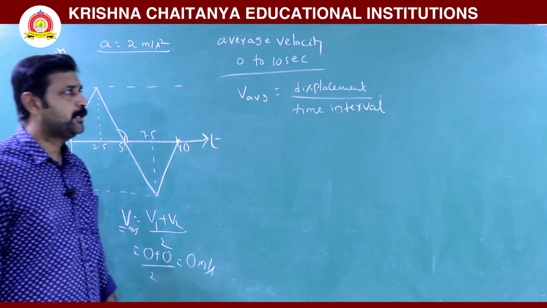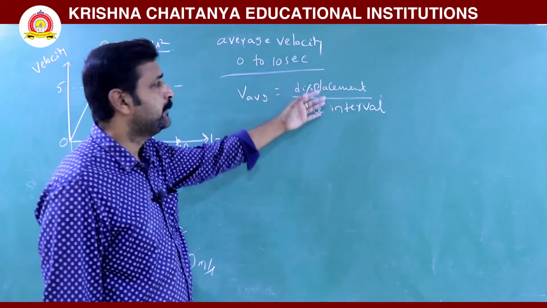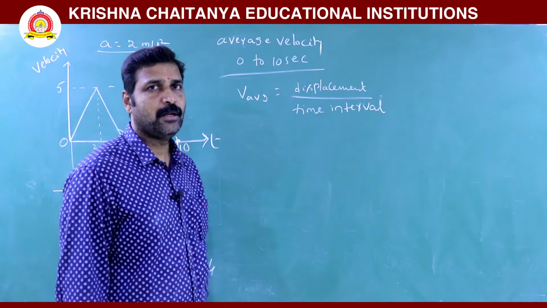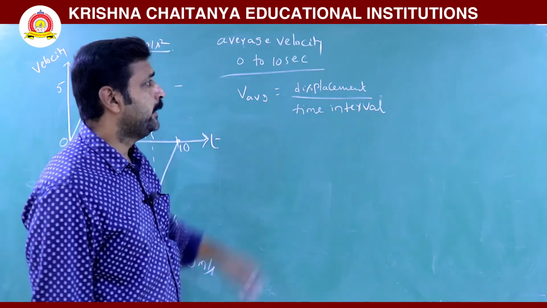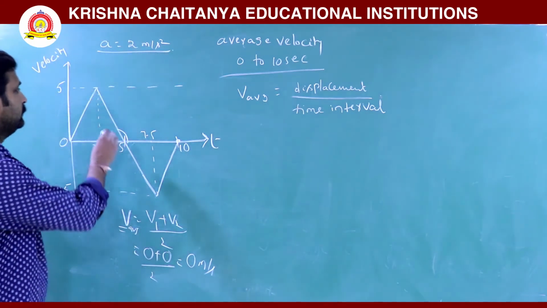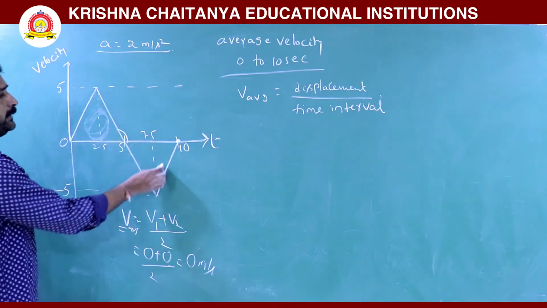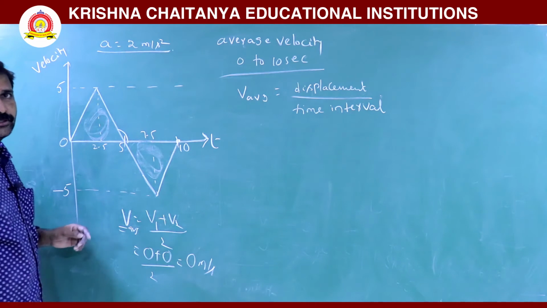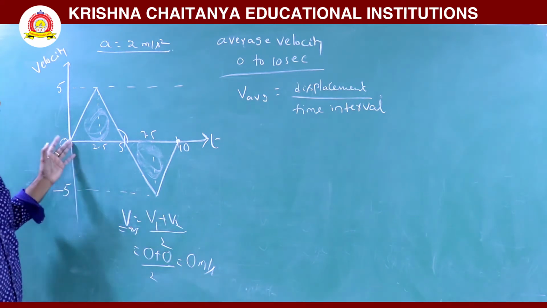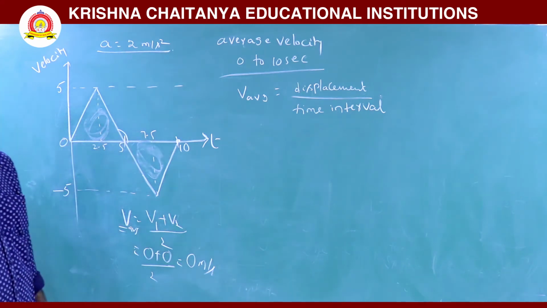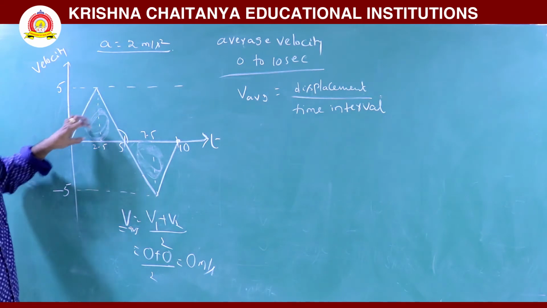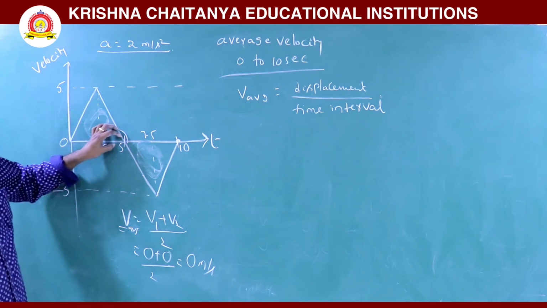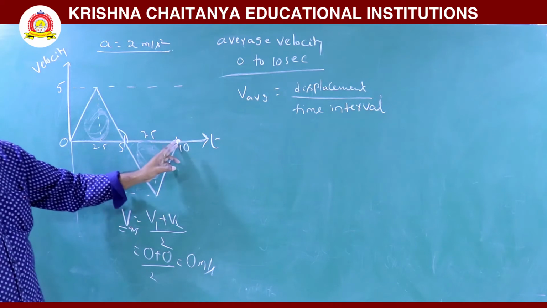Otherwise, we have to go for the displacement by time interval method. Now here, how to find displacement? This area and this area give the displacement from 0 to 10 seconds: displacement for 0 to 5 seconds and displacement for 5 to 10 seconds.